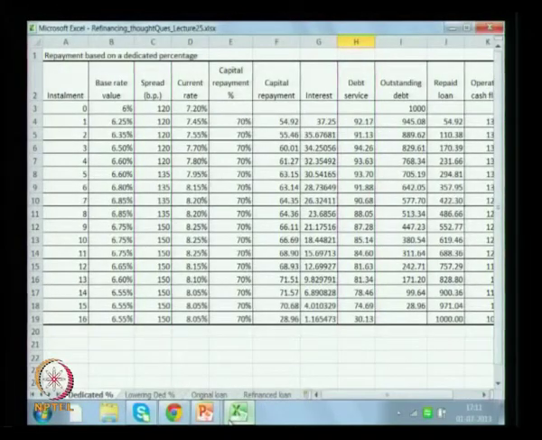Here I have shown you the cash flows of a particular project, and I will first explain the various columns in these cash flows so that you become familiar with what is being talked about. The first column, installment, talks about the number of installments in a loan.